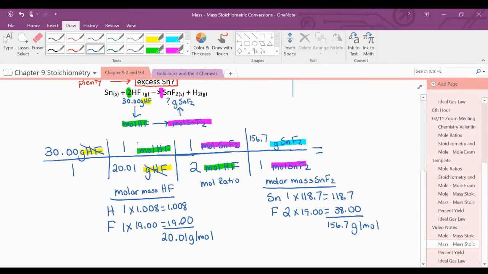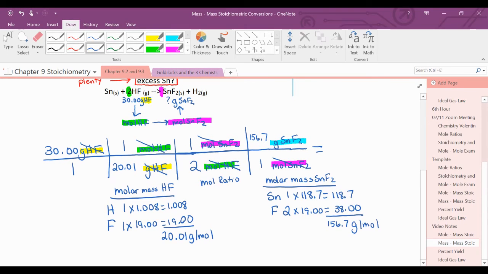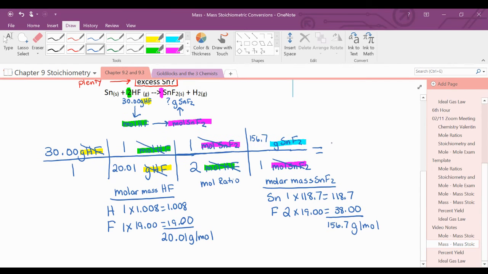Units cancel diagonally. It's very important for these problems that you write the compound or element with your units, or else you will be confused. 4 sig figs, 117.5 grams of tin 2 fluoride.